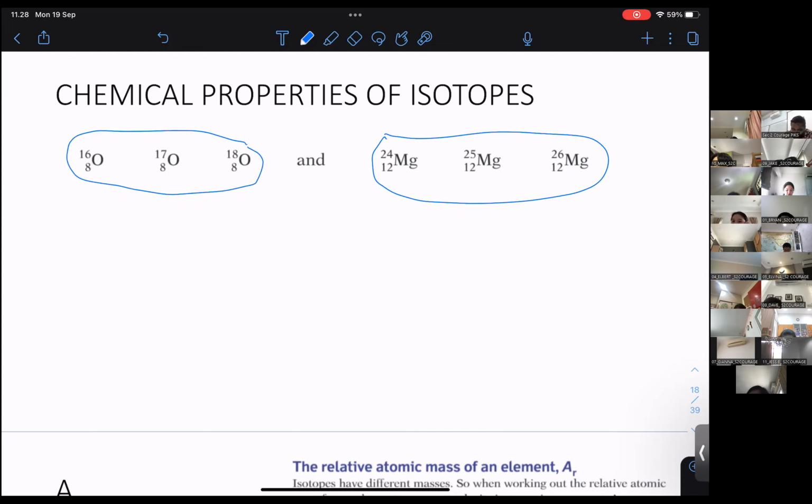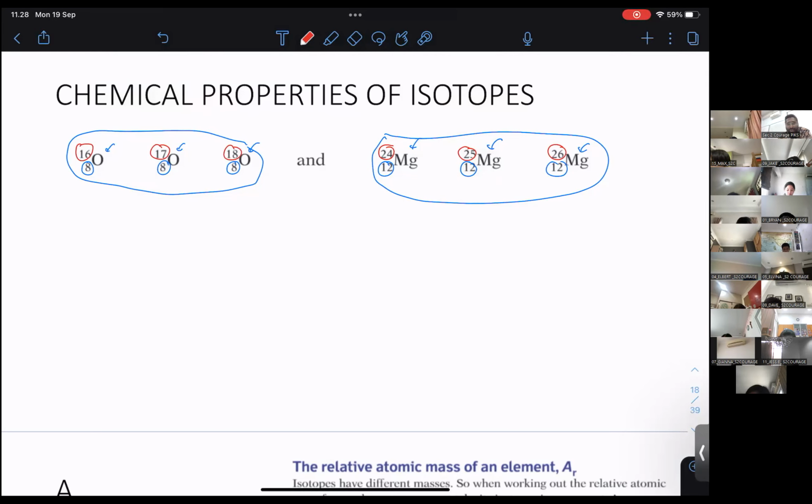Because they have the same symbol. But not only because they have the same symbol; they have the same proton number, but different mass number or nucleon number. So if they have different mass numbers, they are isotopes.